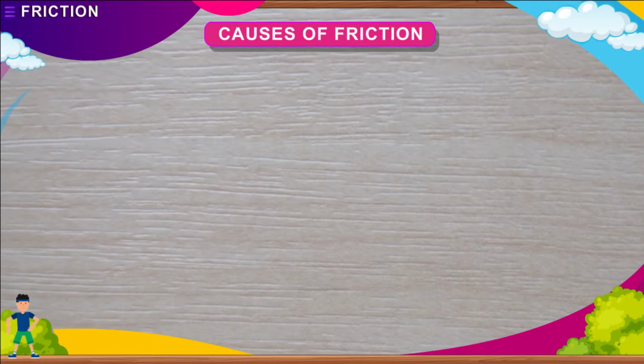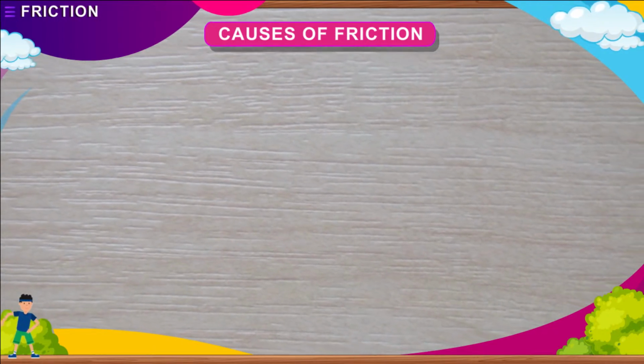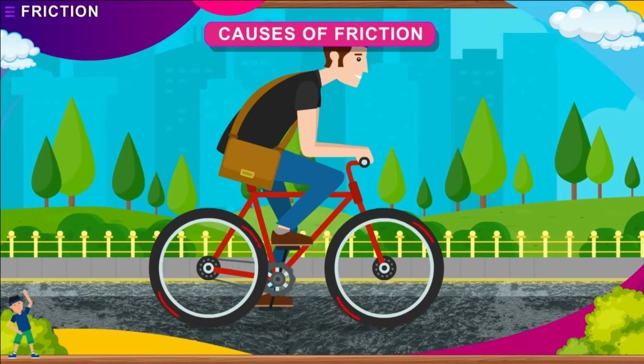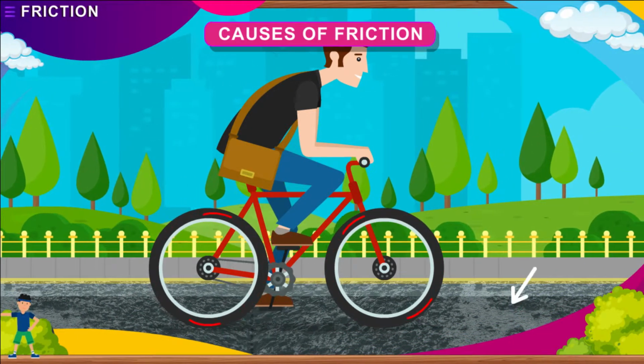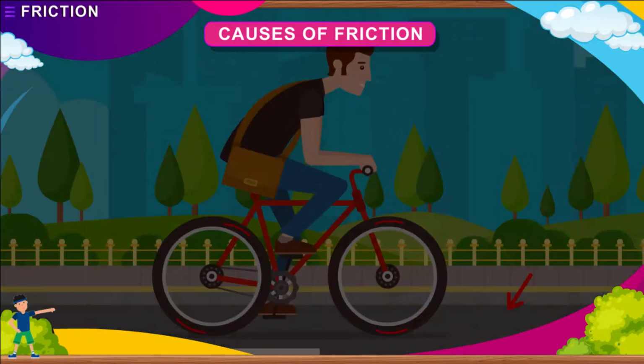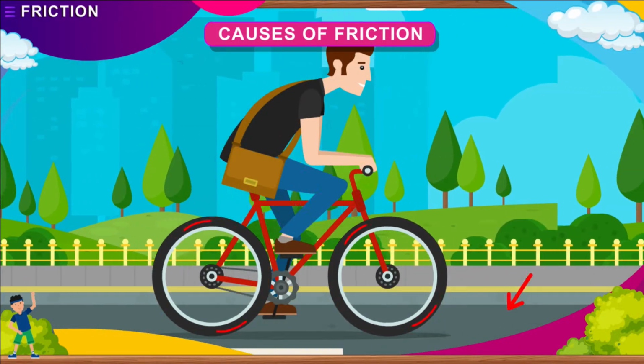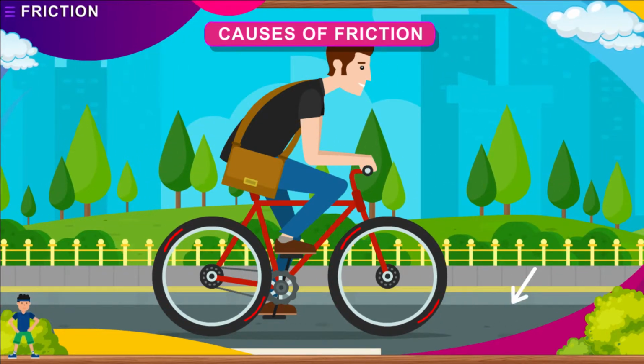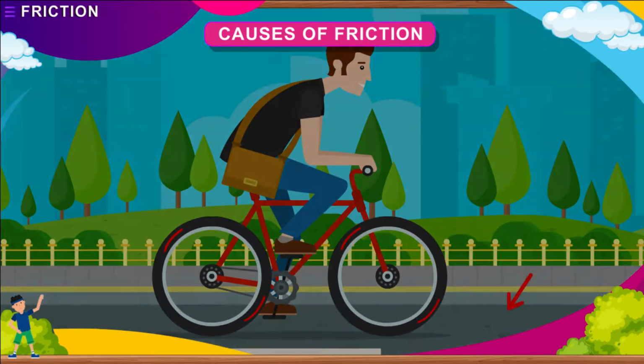Let us consider the following example to understand this. Example: if you ride a bicycle on a rough road, it covers a short distance after we stop pedaling. But if the bicycle moves on a smooth tar road, it covers a longer distance before it stops.